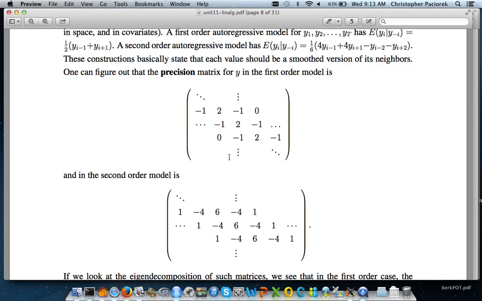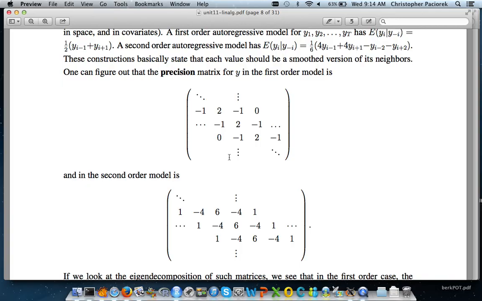I can think about that in terms of the rank of this. So what's the rank of this one? Okay, why is it p? It's invertible, so it's not going to be less than p.